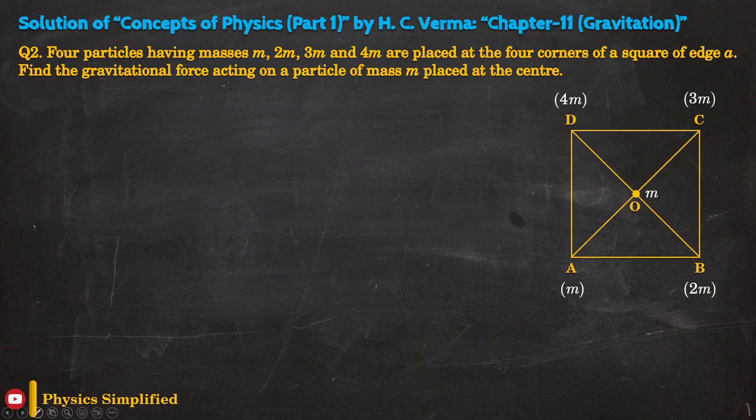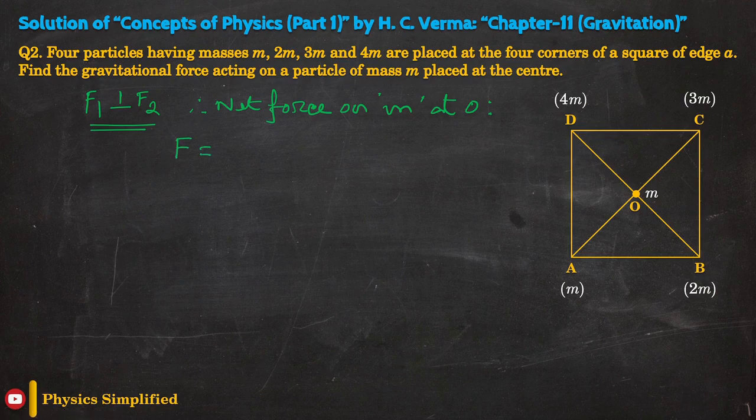So let us now find out what will be the resultant of these two forces. Now we have the situation where F1 and F2 are mutually perpendicular. Therefore the net force on M at O will be the resultant of F1 and F2.